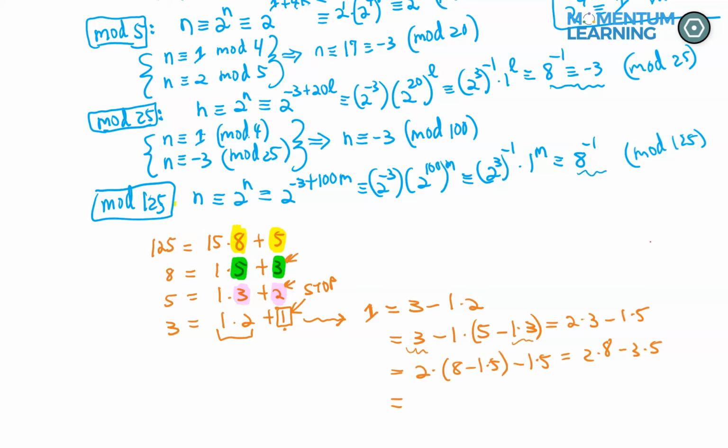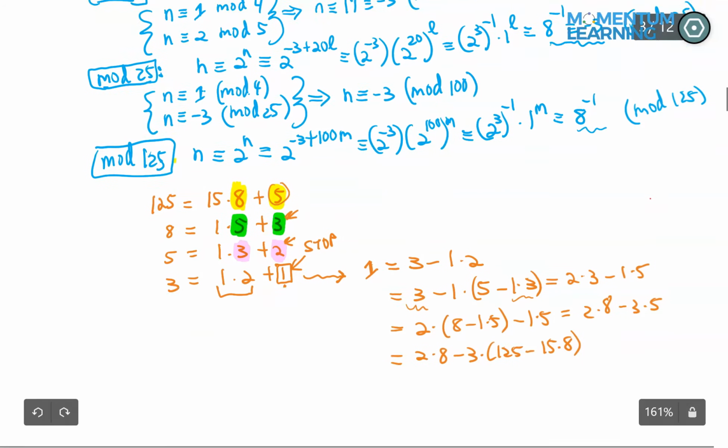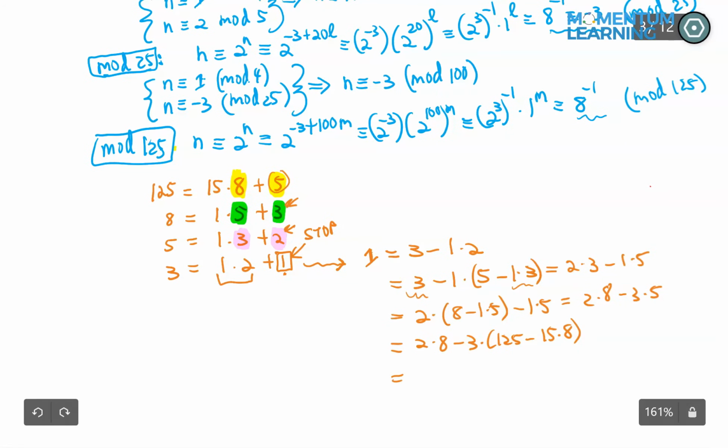This is annoying. All right, 2 times 8. Okay, so keep that 2 times 8 minus 3 times, replace the 5 with this one, which is 125 minus 15 times 8. Oh, thank goodness. So this is equal to 2 times 8 minus minus, so plus 15 times 8.